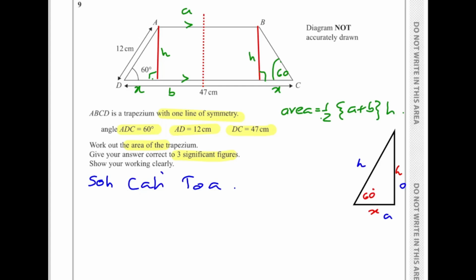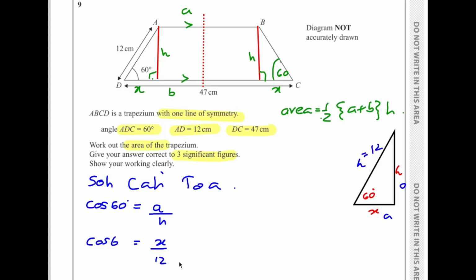Then let's apply cos 60 degrees. cos 60 equals adjacent over hypotenuse, right? Then cos 60 equals x over hypotenuse, we know that, which is 12.